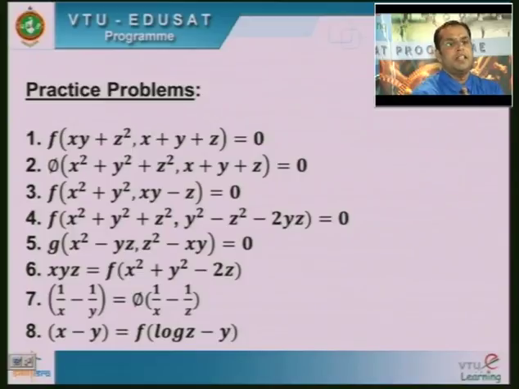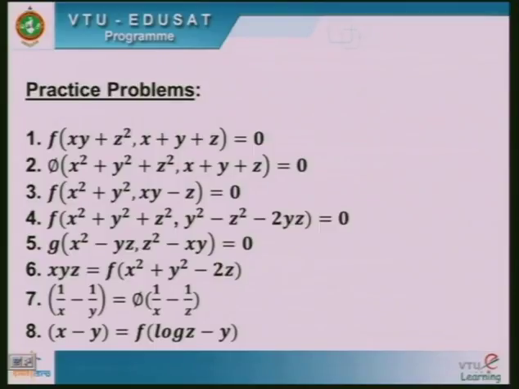Now, I end this lecture with a few practice problems which are on display. So, friends, in today's session we have seen the formation of a PDE by the elimination of a single function f from two types of relations. First, when the relation is in the form u equal to f of v, and the second when the relation is in the form f of (u, v) equal to 0.